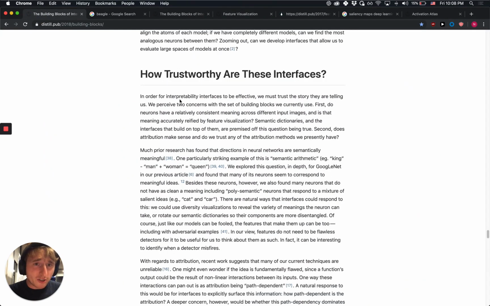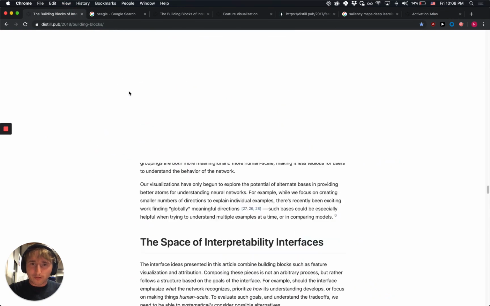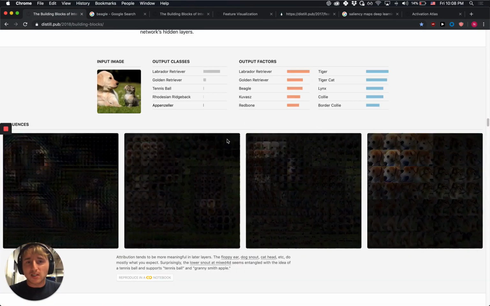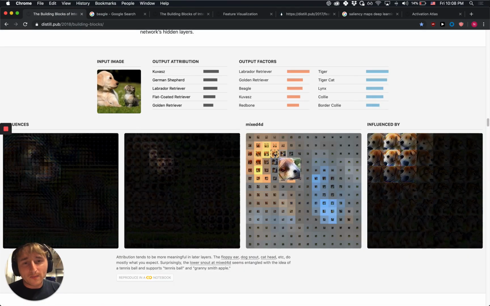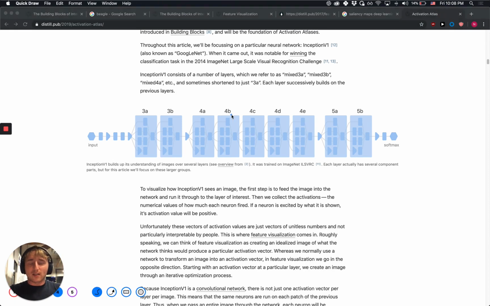Things you can't trust as much: attribution. If you remember, like half these interfaces, but this one, for instance, where you're seeing how one part of a spatial position is influencing different classes or other units, I think you can kind of trust this. But neural networks are these giant nonlinear functions.